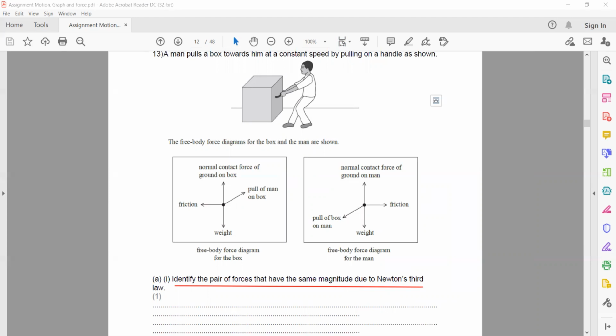So the pair forces are the pull of the box on the man and the pull of the man on the box. Action and reaction forces are equal but opposite in direction.